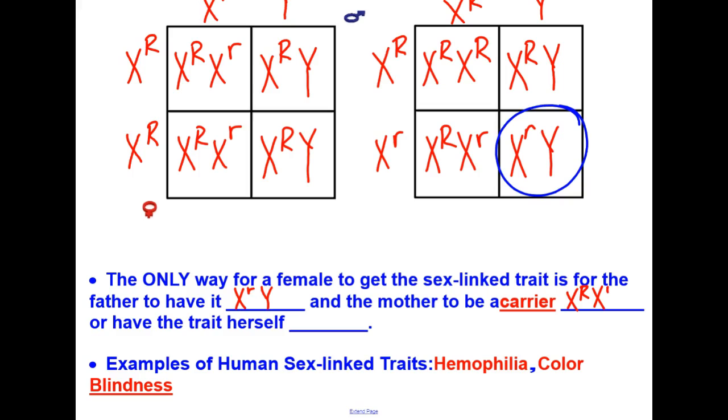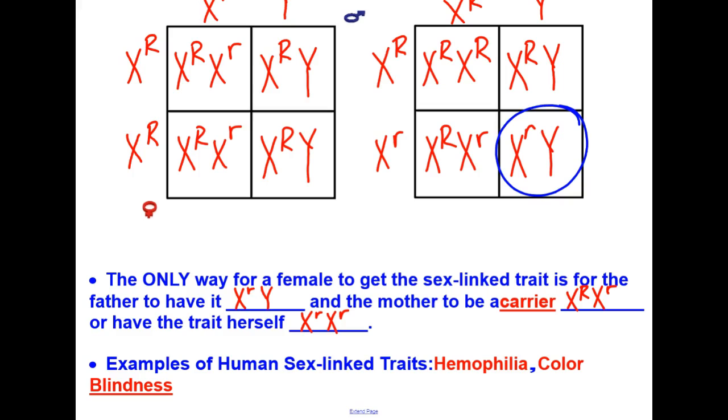Mother would be two X's, and heterozygous would be big R on one and little r on the other. Or have the trait herself. In order to do that, she would be homozygous recessive, having a little r on both her X's. You can see here, this is why it's so rare for a female to inherit a sex-linked trait.